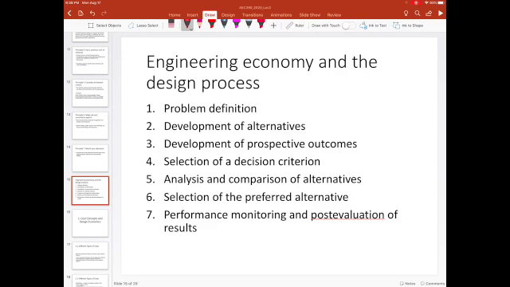Fourth step is selection of decision criterion. Fifth step is to analyze and compare alternatives. Sixth step is to select the preferred alternative. And seventh is to use performance monitoring and post-evaluation for the results. So these are the 7 steps.